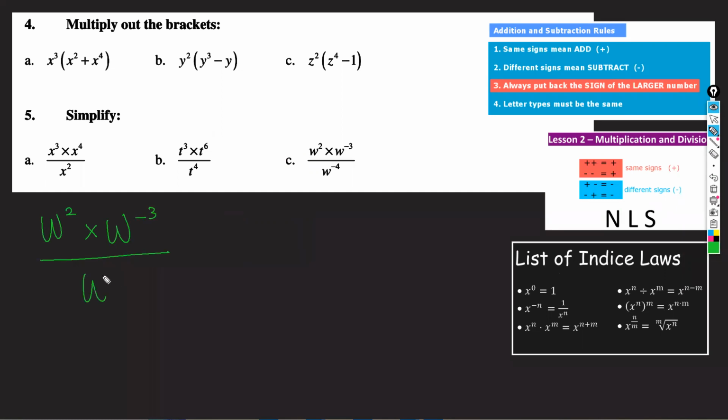All right, so w to the power minus 4. Right, so the top is multiply. So I'll work it out piece by piece here. Multiply means to add the powers. So it's 2 plus, and what's waiting in here? A minus 3. Now this looks weird, right? But I think I showed you all this in the homework.